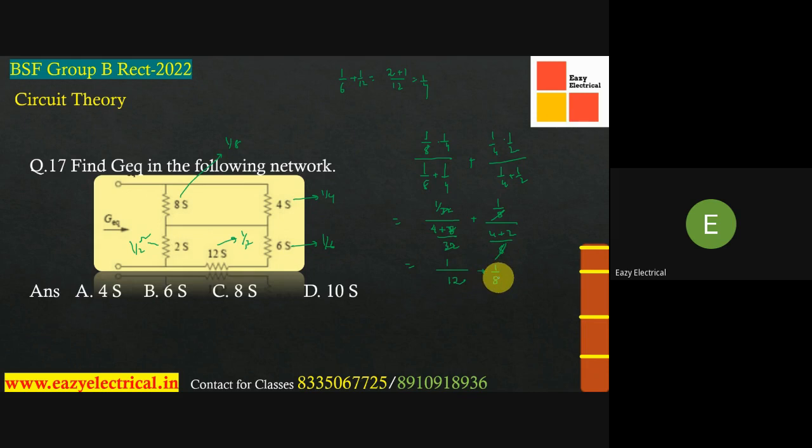So 1 by 12 plus 1 by 8, how much is it? That is 10 by 48. So 10 by 48 is R equivalent. So what will be G equivalent? 48 by 10. We have not reached the correct answer.